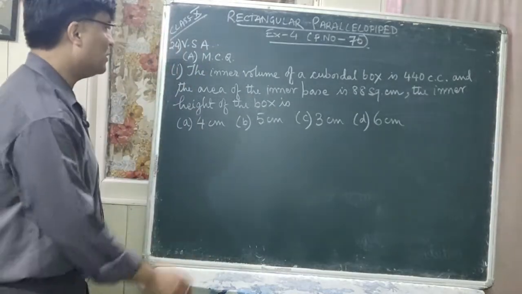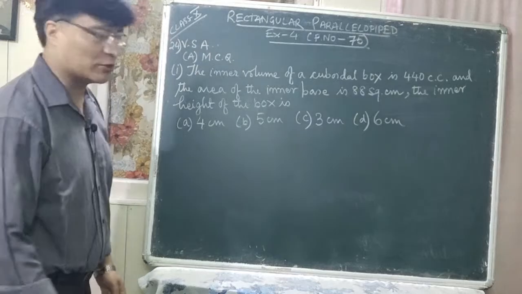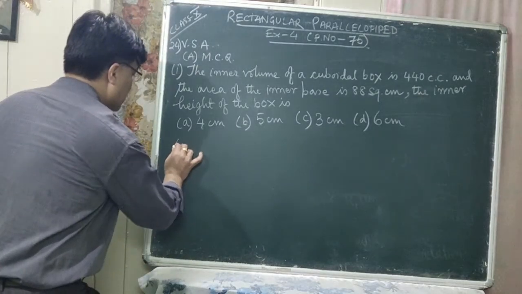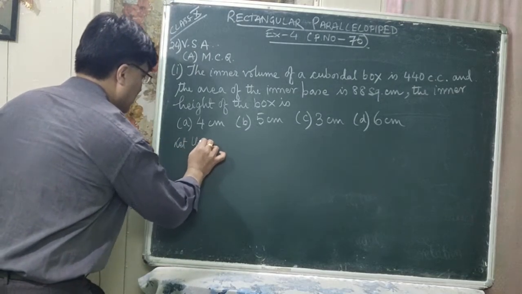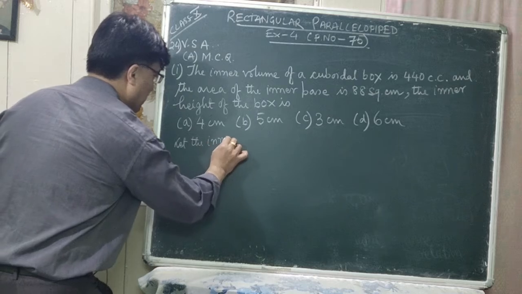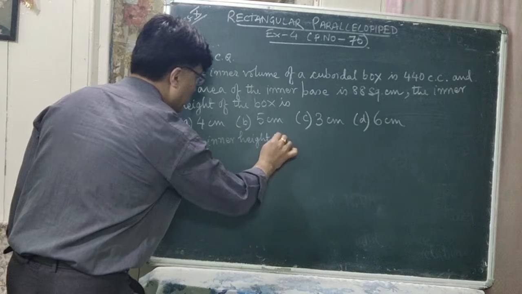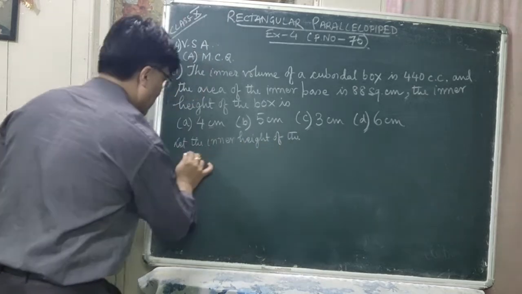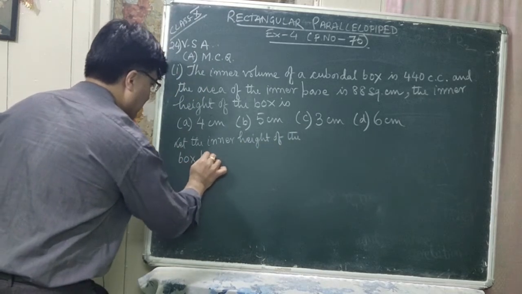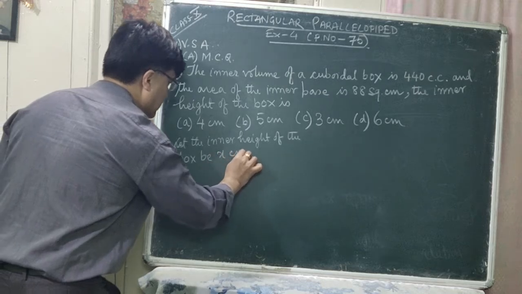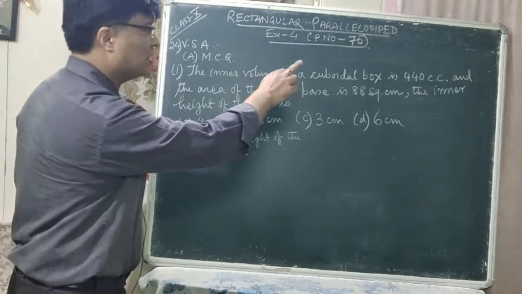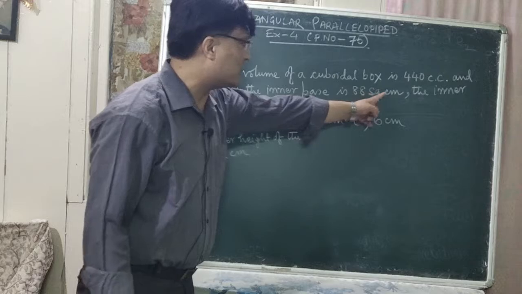Okay, now let us assume the inner height of the box. So this is the solution. Let the inner height of the box be x centimeter. Okay, cc means cubic centimeter, this is your square centimeter.